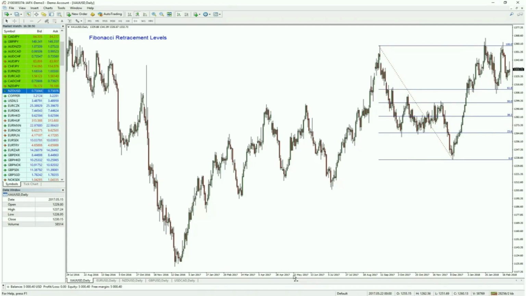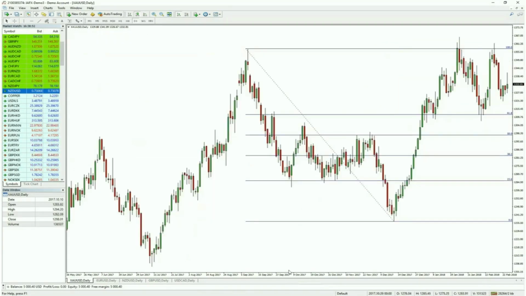If we were to zoom in on this price action here, we can see that it certainly conforms in essence to many of the same levels that were presented before. In looking at the high of this Fibonacci retracement, we will annotate this high from high to low and look at our several retracement levels.